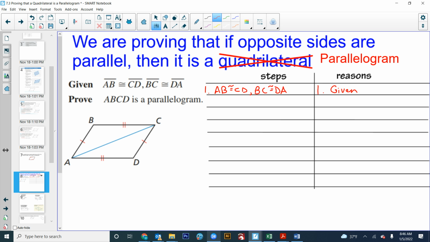All right, we're given that. Do you see where we're going to head with this? What do we need to get to?